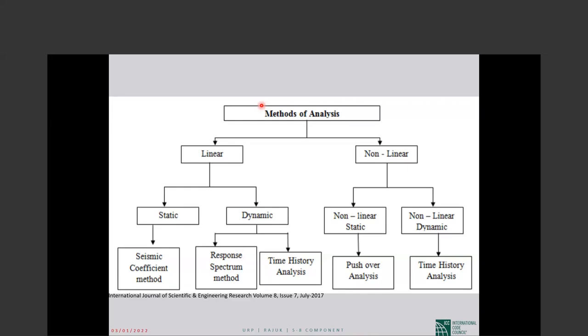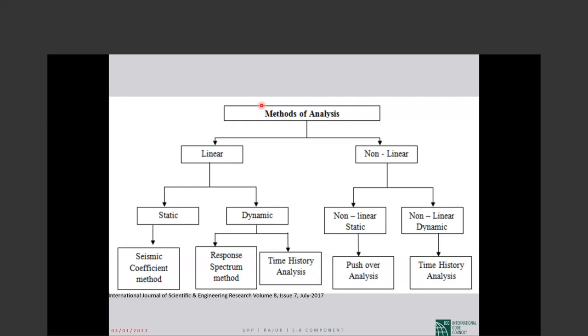So now that we look at the building from the evaluation point of view, the building is divided into some deformation control actions, some force control actions. Now, what is our job?